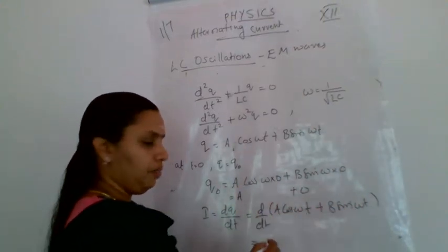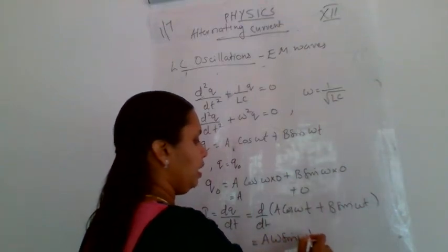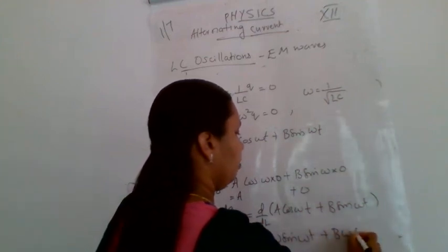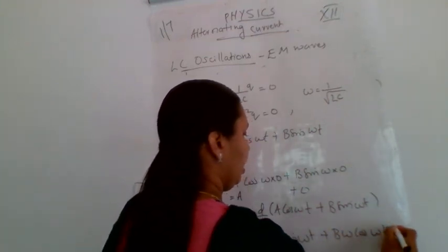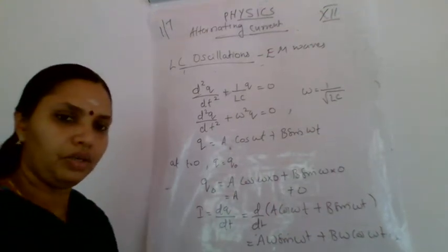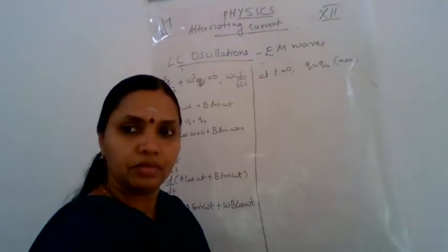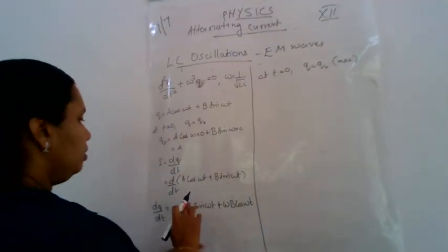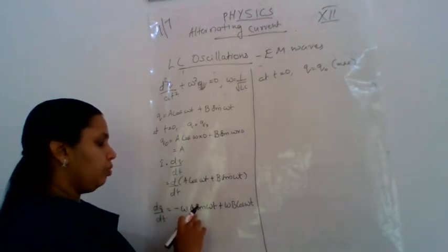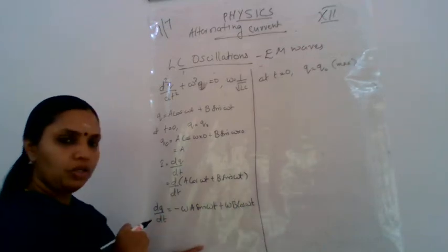So differentiating the first term, we get minus a omega sin omega t, plus b omega cos omega t. Okay, so differentiating this, we got minus omega a sin omega t plus omega b cos omega t.